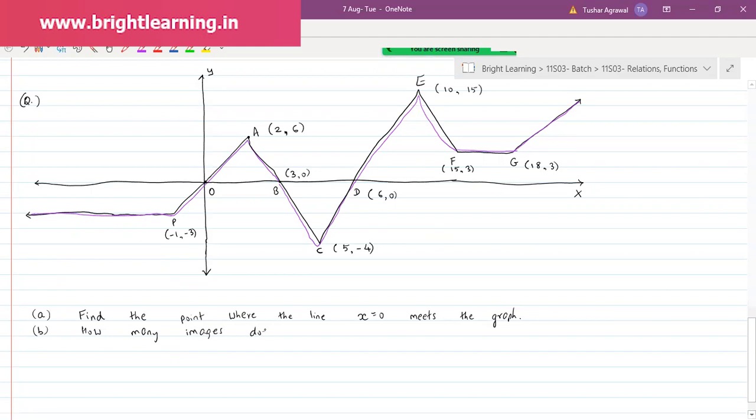How many images does the point 3 in the domain have?